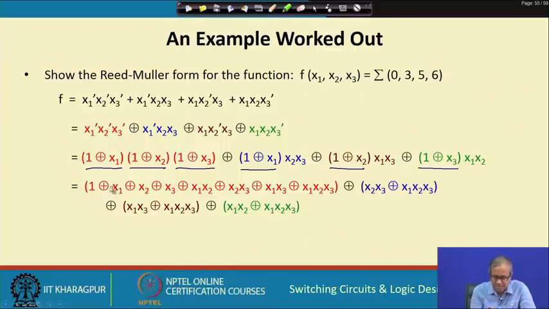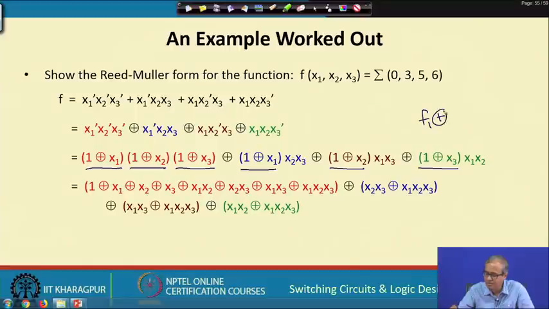Now, you see I have an XOR of so many terms. So, now you can apply that rule that any function or subfunction XOR that same subfunction is 0. So, I can cancel them out. Let us see which terms are getting cancelled out. You see I can get 1 x 1 x 2 x 3 here and 1 x 1 x 2 x 3 here, they get cancelled out.